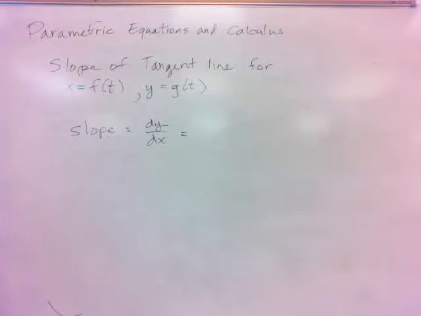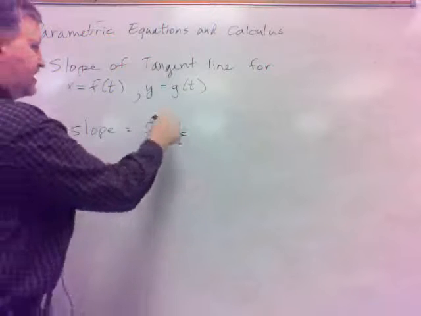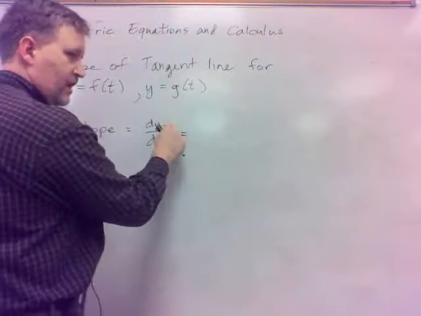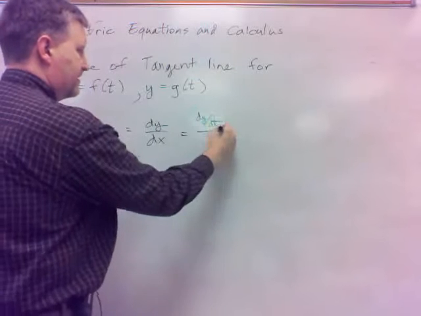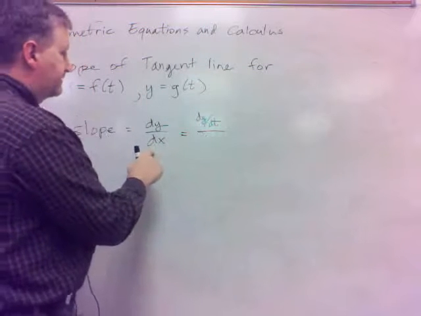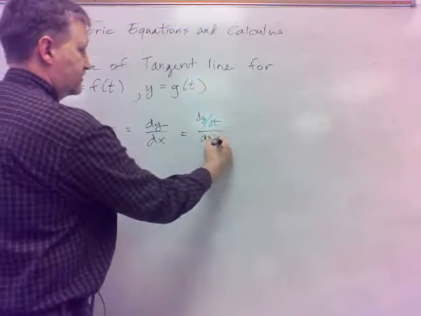So here's what I have to do. For parametric equations, for dy, I'm going to do dy with respect to t, and then I'm going to do the same thing for x, for the dx. I'm going to say that's dx with respect to t.